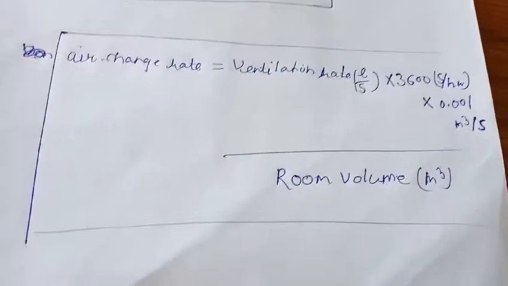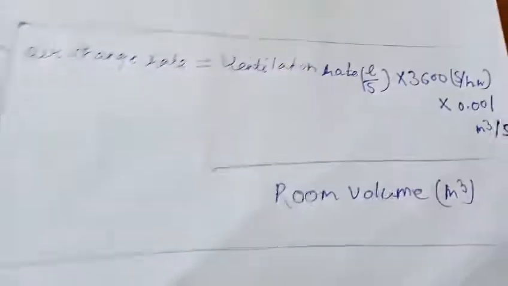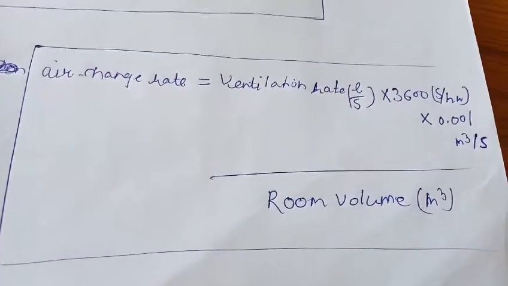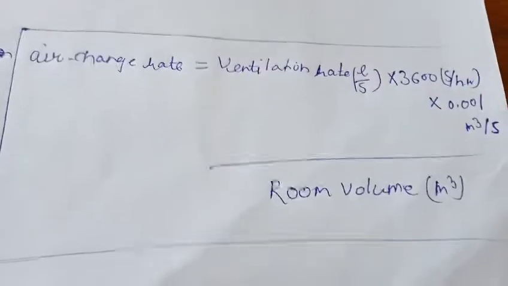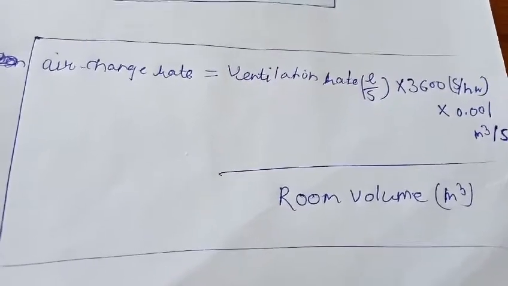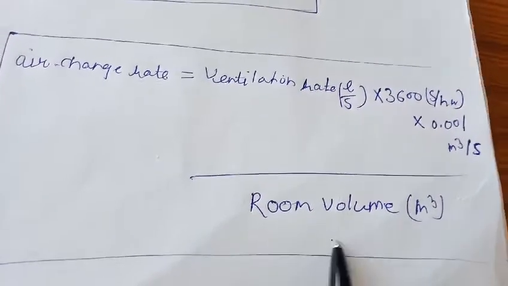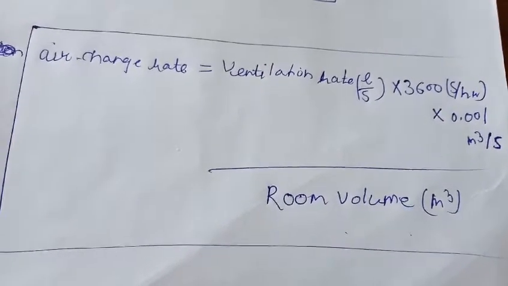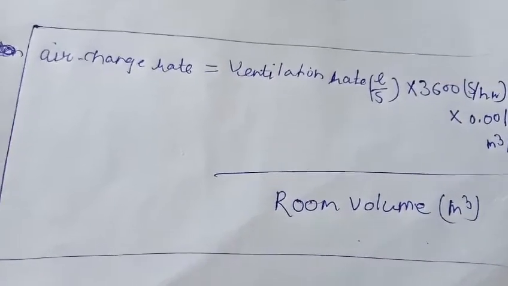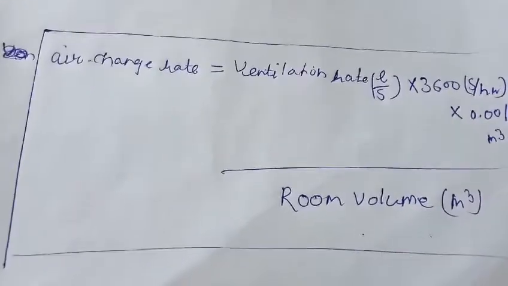And if we have to find out the air change rate, then we can rearrange the formula, and air change rate becomes the ventilation rate in liter per second into 3600 second per hour into 0.001 cubic meter per liter divided by room volume.